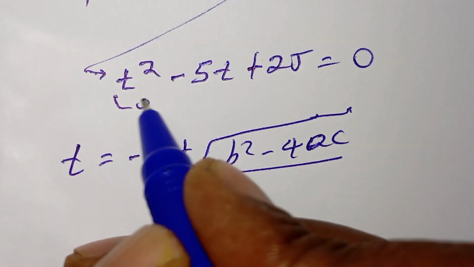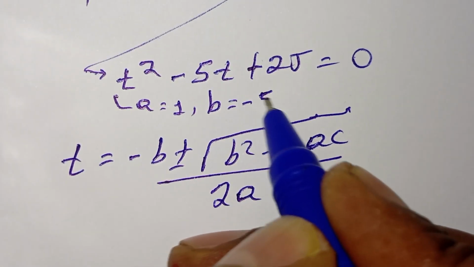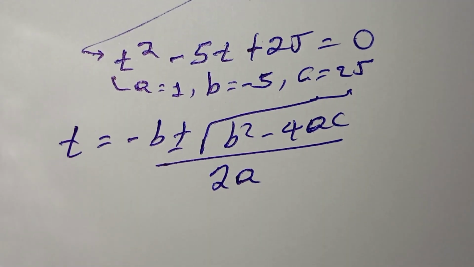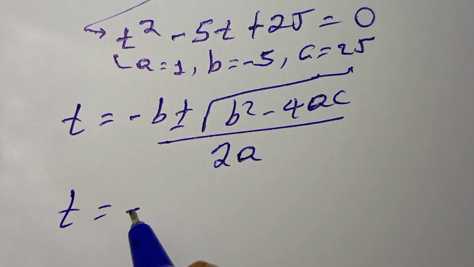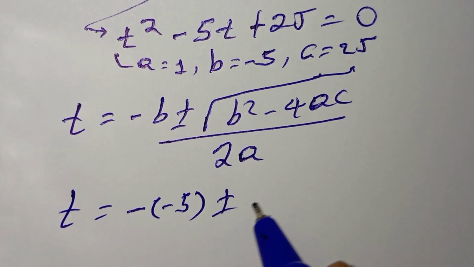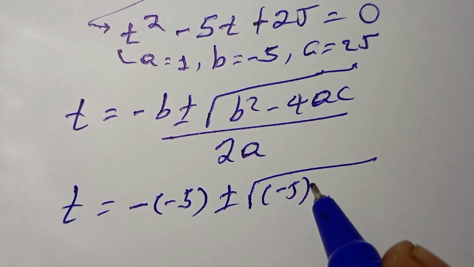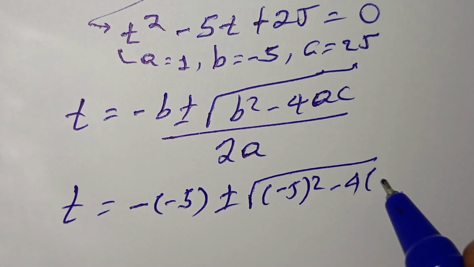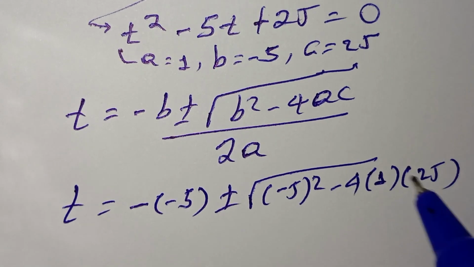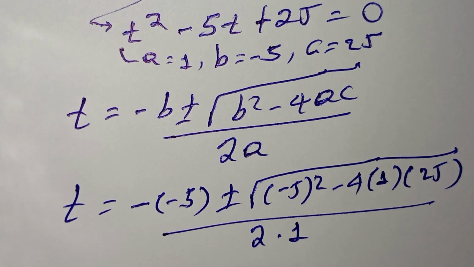Now this a is equal to 1 and b is equal to minus 5 and c is 25. So t is equal to minus minus 5 plus or minus the radical of minus 5 square minus 4ac, a is 1 and c is 25, over 2 times a, which is 1.